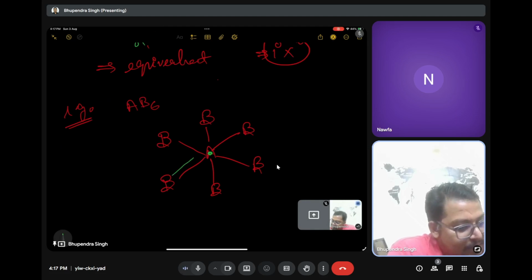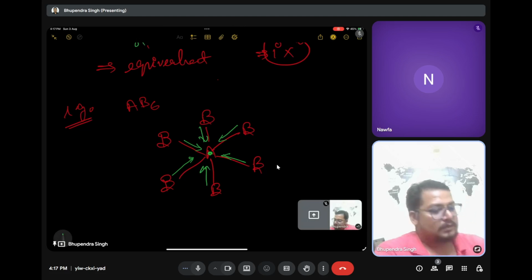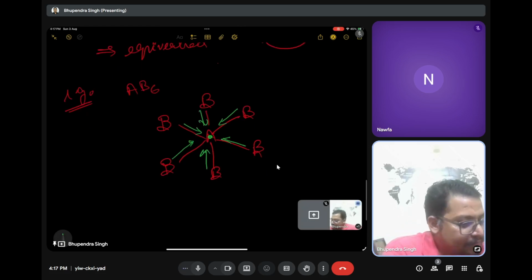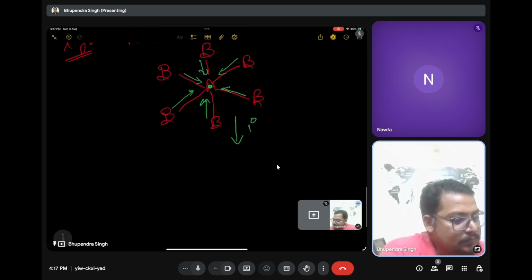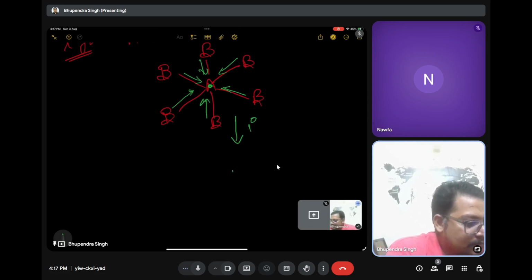This will go this side, this will come here, like this, which means after applying the inversion you will get the same structure.